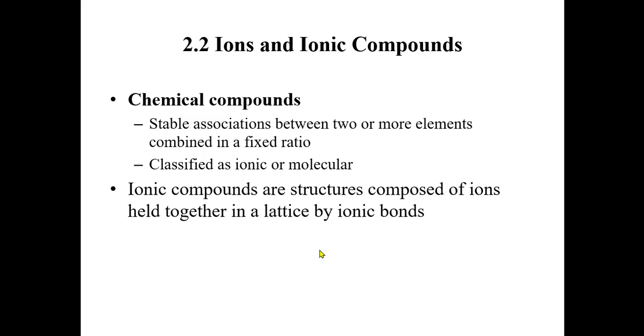So things on the left side of the periodic table tend to be a plus in terms of positive ion. Things on the right-hand side, not counting the very last column, tend to be negative ions, again charged negative.